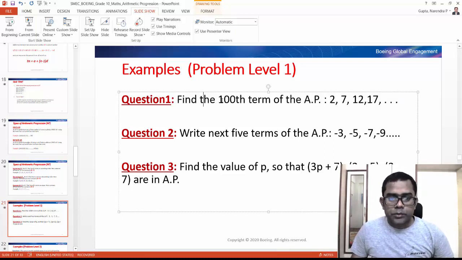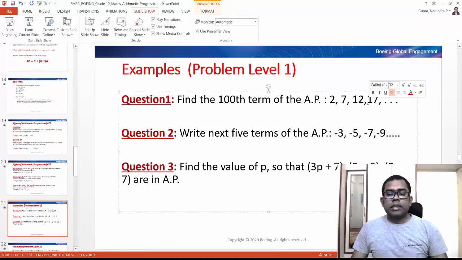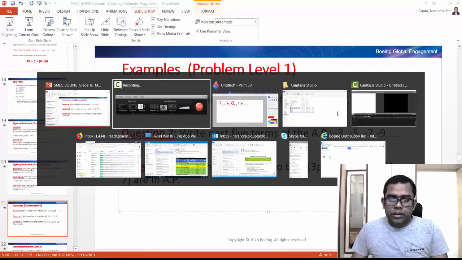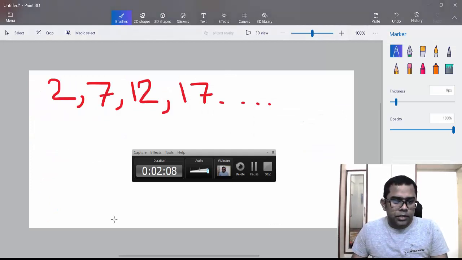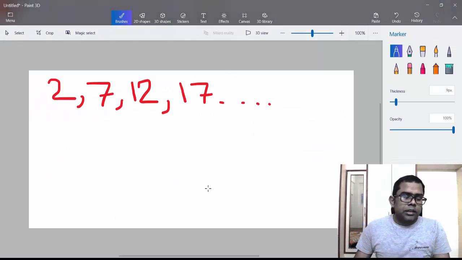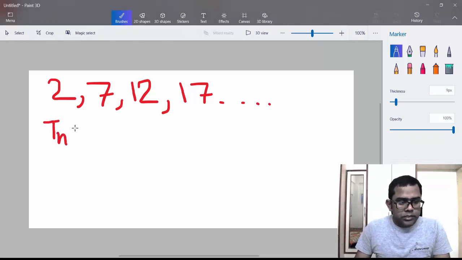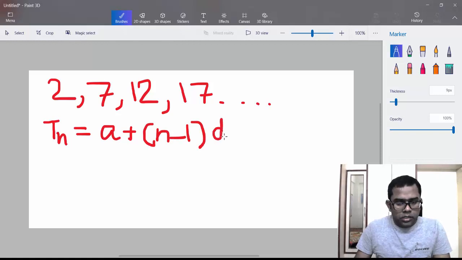So here we have to find the 100th term of an arithmetic progression with 2, 7, 12 and 17 as its terms. We know that the nth term of an arithmetic progression is written as a plus n minus 1 into d.